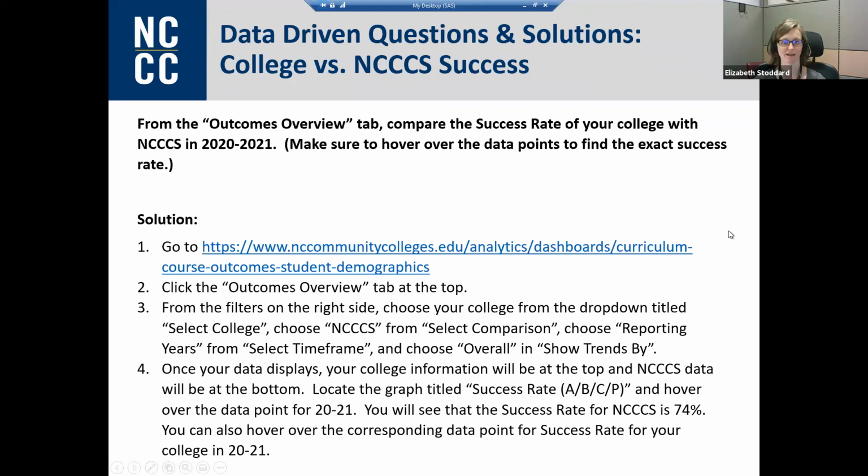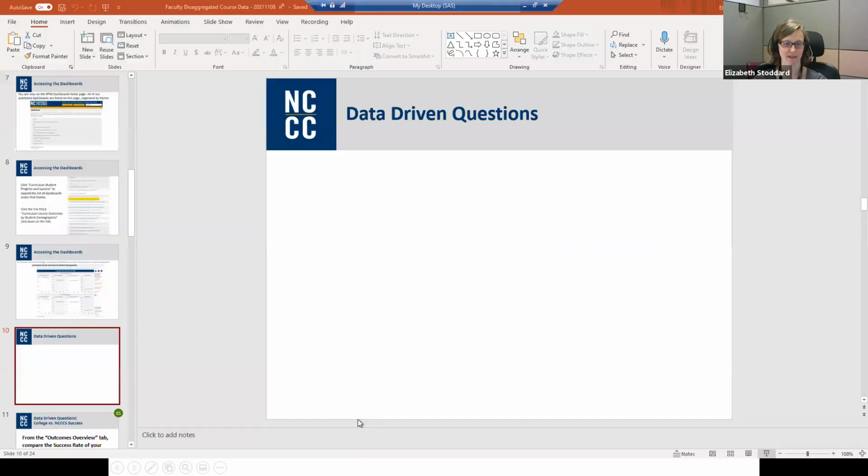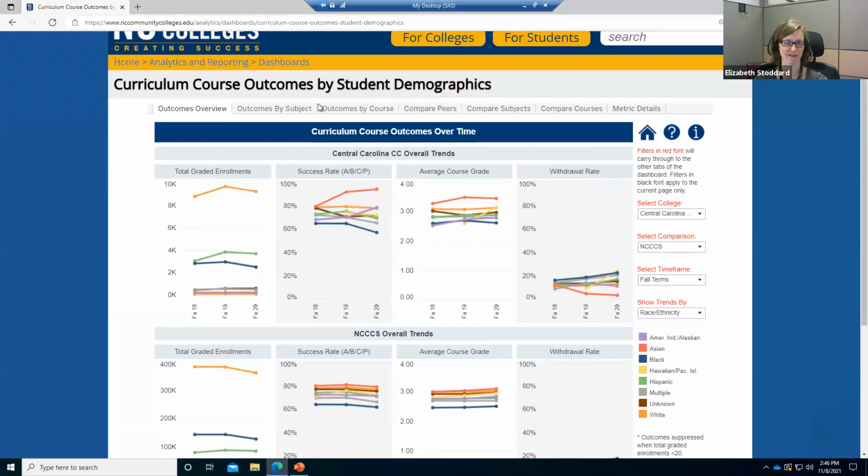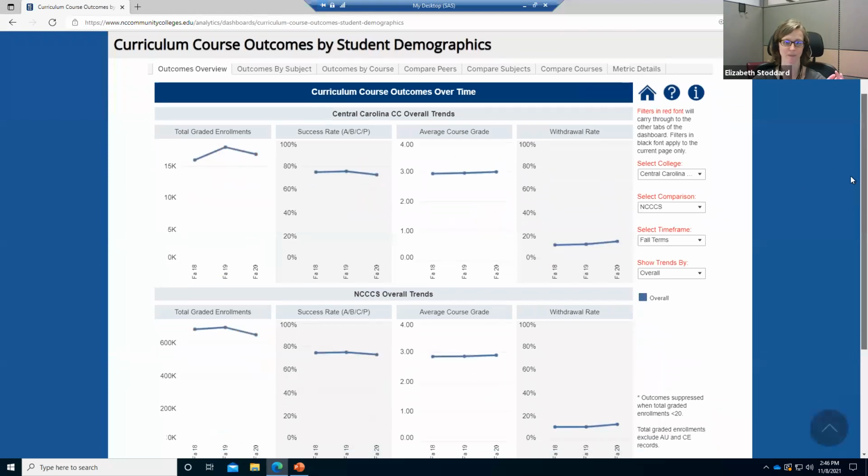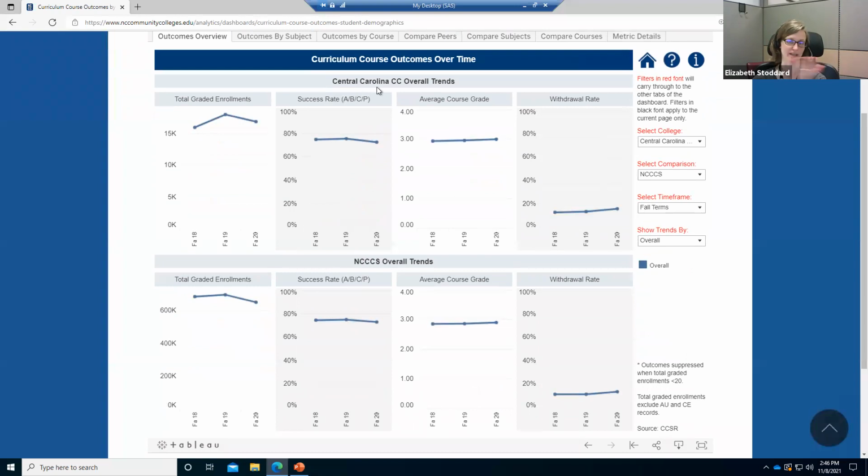All right, this is the solution to that question. Let me walk you through how I would get the answer. Starting on the Outcomes Overview tab, I'm going to go back to showing the overall trends. I'm still looking at Central Carolina here, and I want to compare the success rate for my college with NCCCS in the 2021 reporting year.